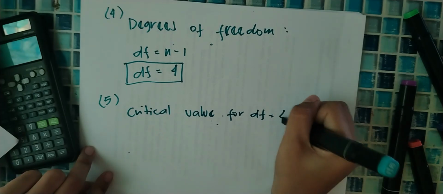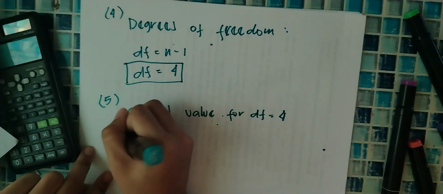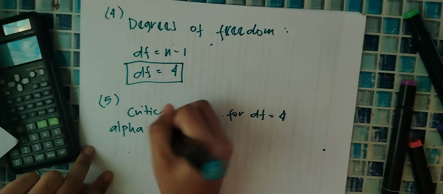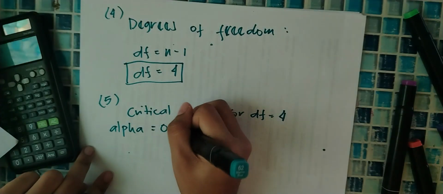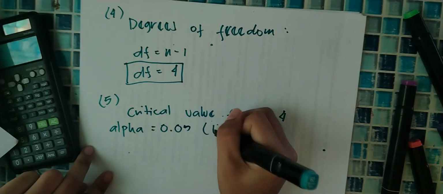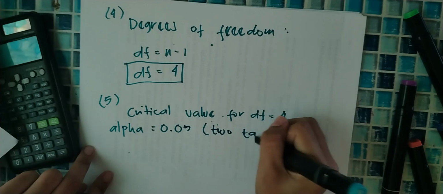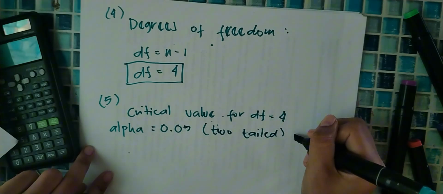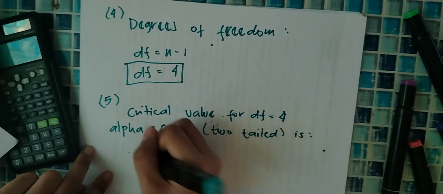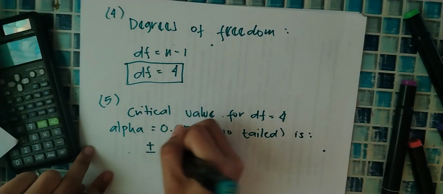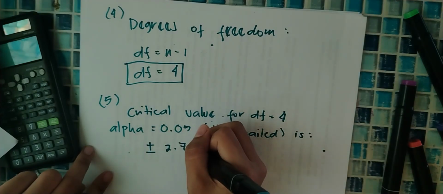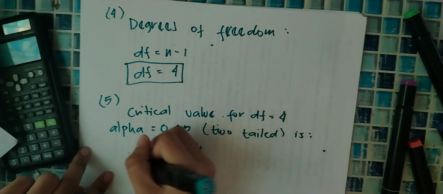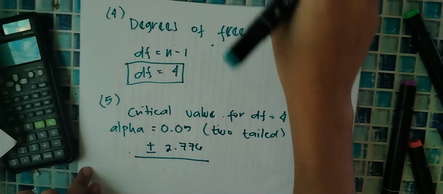We now compare our t value to the critical value. So we have df equals 4 and alpha of 0.05, the significance level, in a two-tailed test, and the critical values are plus and minus 2.776.